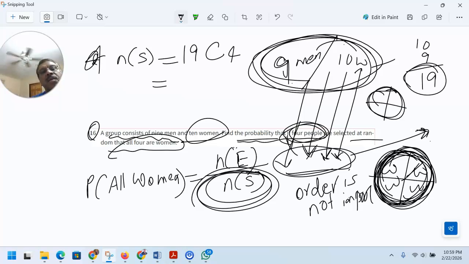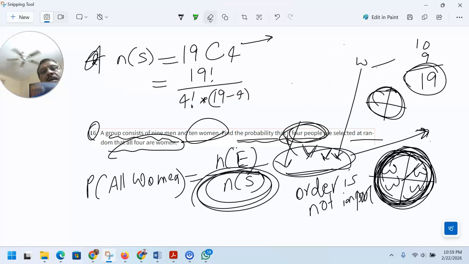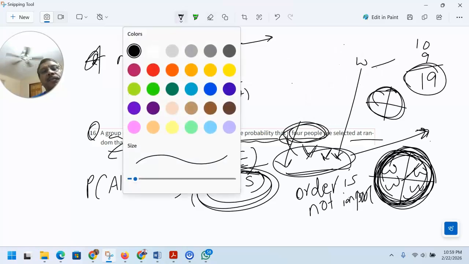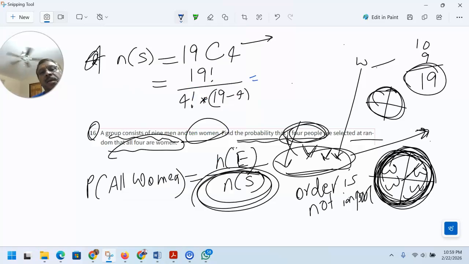You can put this in the calculator and get the answer. Basically, this means 19 factorial over 4 factorial times the factorial of 19 minus 4, which is 15 factorial. And the top one I can go all the way down, decreasing.